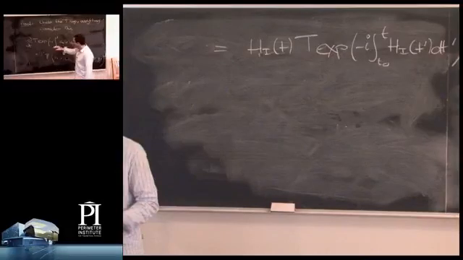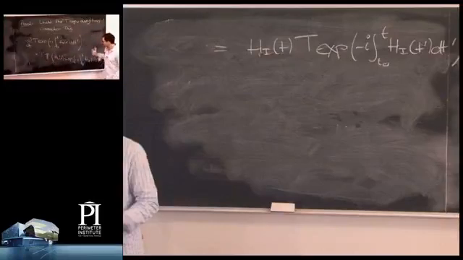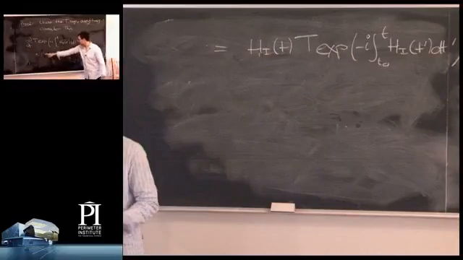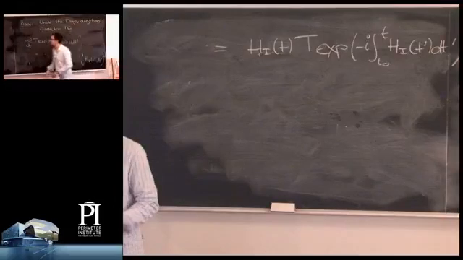Okay, but this isn't quite what we wanted. What we wanted was that it was going to be HI times T of this. We wanted that it was HI times U. But it is HI times U because, you see, all these operators here are evaluated at some time t prime, which lies somewhere between t0 and t. But t is always the latest time. And this guy here is evaluated at t, which means that whatever this capital T time ordering does, it's going to take this and move it far to the left.